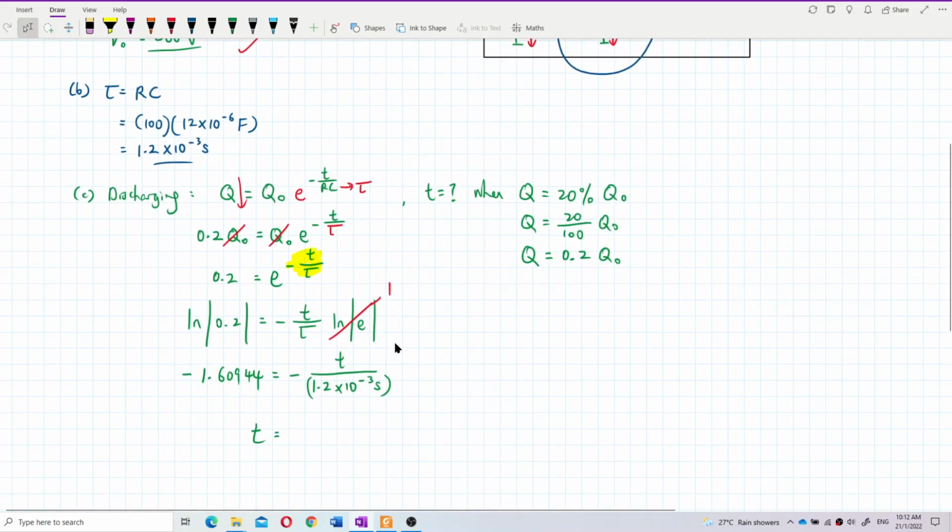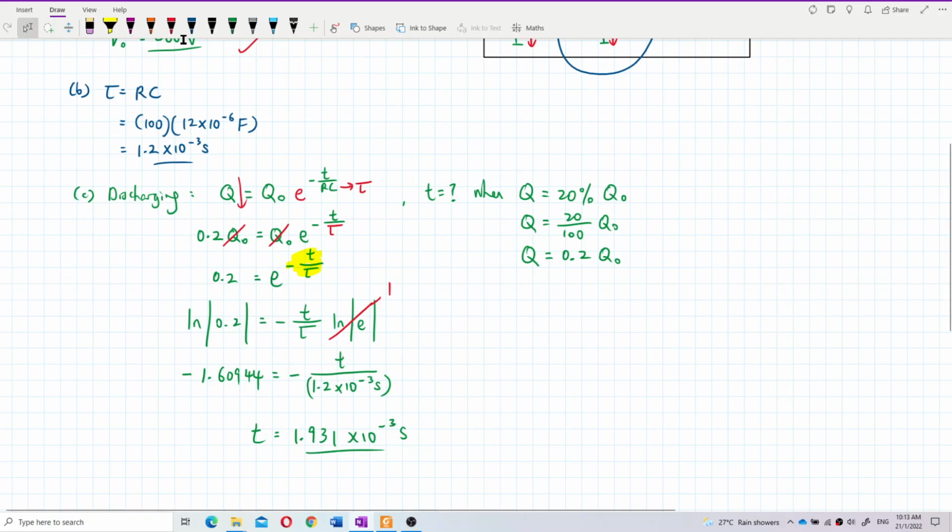Multiply by negative 1.2 exponent negative 3. The answer is 1.931 exponent negative 3 second.